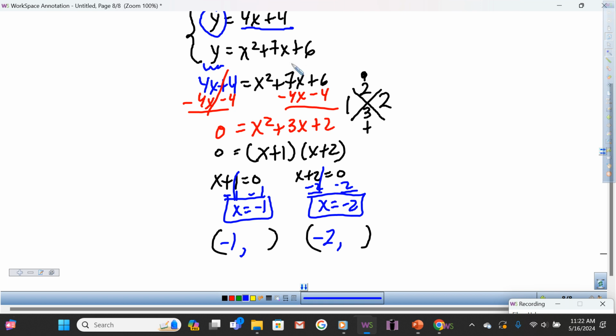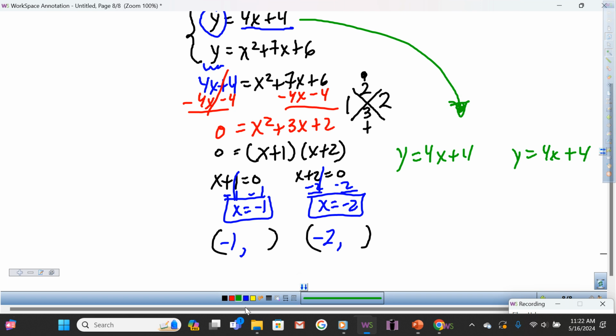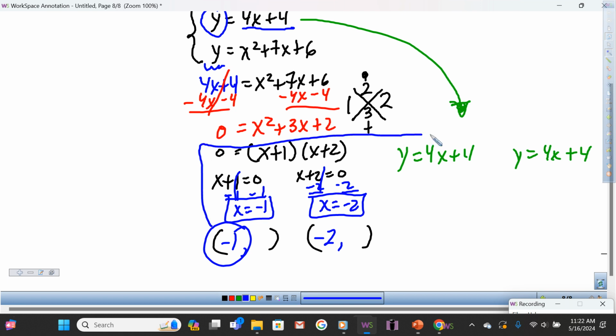Substitute into one of the two equations. Which one would be the easiest one, people? The top one. So bring this one down, draw an arrow, and write it twice: y equals 4x plus 4, and y equals 4x plus 4. Then we substitute our first value, negative 1, in here.